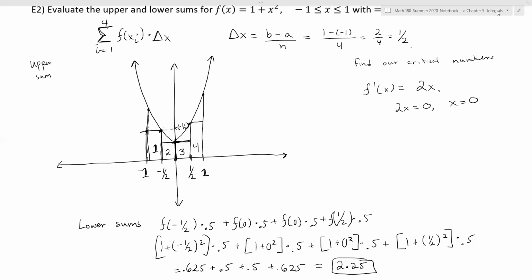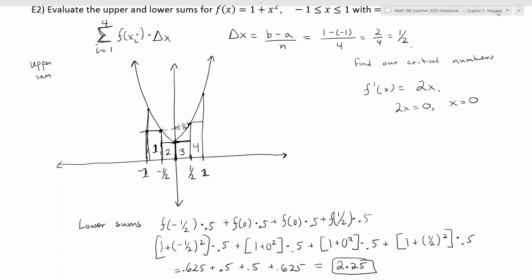Dr. Sweeney? Yeah. So you're saying that for the lower sum, you're using the f at the point that's like the lowest? Like you wouldn't use f at -1 because that one's higher? Yeah, exactly. Okay. Sorry, continue what you were saying. No. That was my question. I just didn't know how to word it. Okay. Yeah.